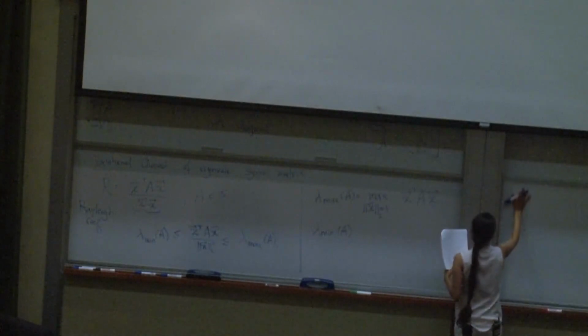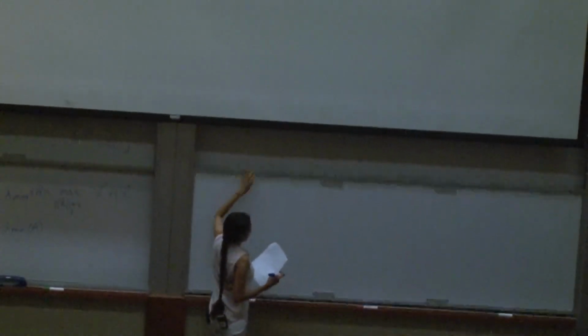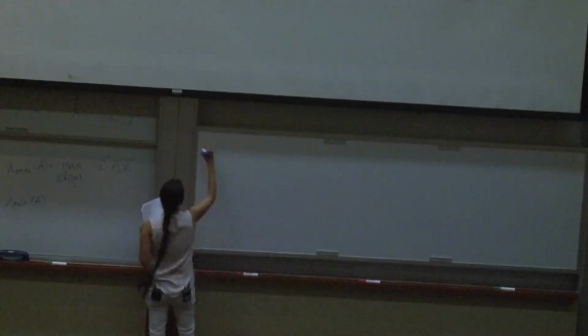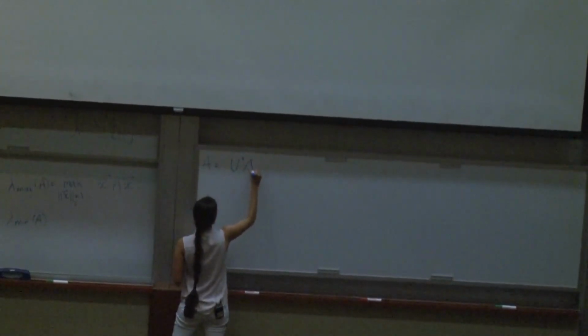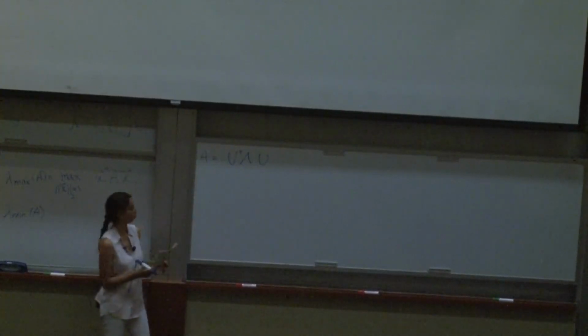Okay, let's work on this together. It's a bit tricky, right? So let's use the spectral theorem that we know. Let's say I know that I can write A as U transpose lambda U. I know that I can write this particular formulation.